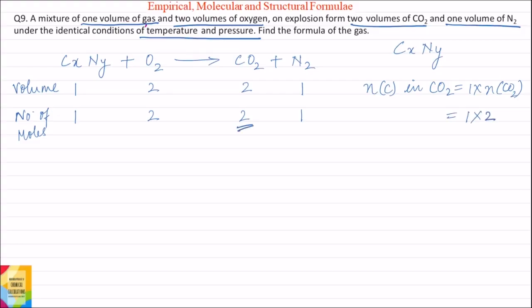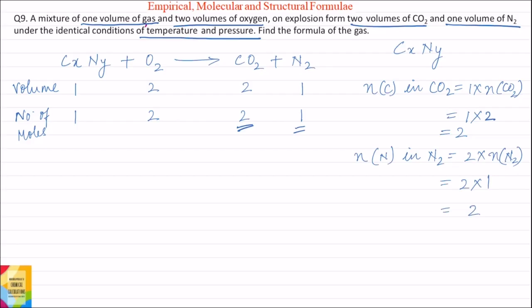So 1 into 2, so this is equal to 2. Similarly, number of moles of nitrogen in nitrogen gas is equal to 2 into moles of nitrogen, and this is equal to 2 into, अब moles of nitrogen कितना given है? Moles of nitrogen given है 1 mole, so 2 into 1 is equal to 2.